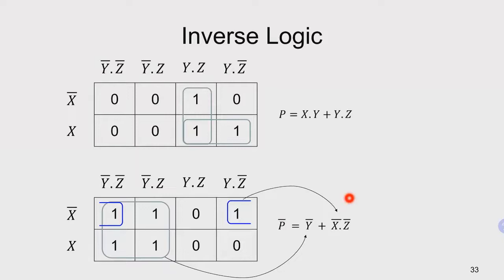Okay, so this is just to illustrate on the KMap, if we were to inverse the functions, we're just going to make the 1s to 0 and 0s to 1 on the KMap. And then we can make our minimization the same way as before by drawing loops around groups of 1.